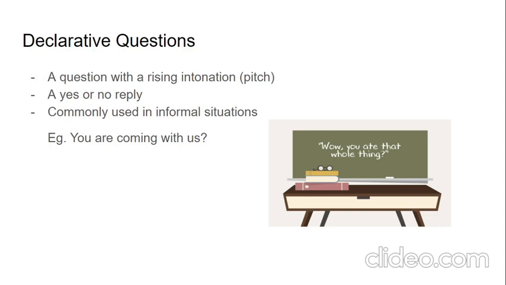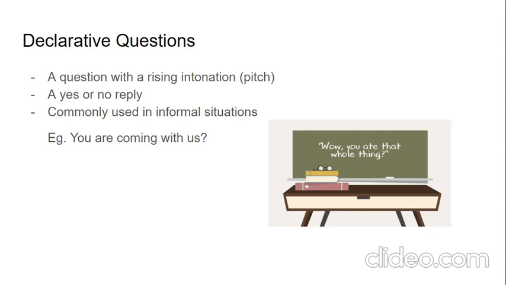So declarative questions, the answers to it would be a yes or a no. And as I've already mentioned, this is commonly used only in informal situations. Now, why do we have such declarative questions? Basically, to know whether it's a yes or a no.